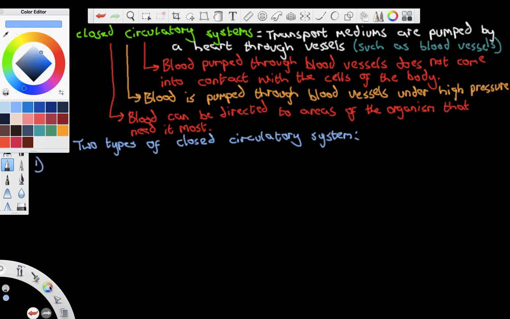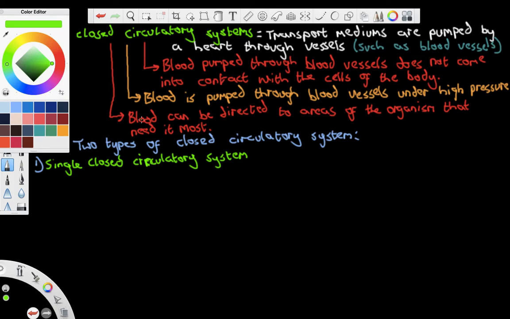So number one is a single closed circulatory system.